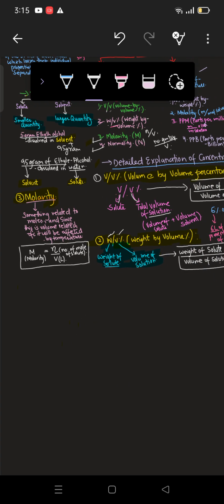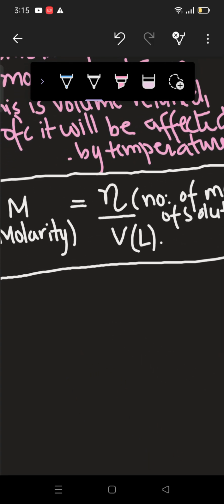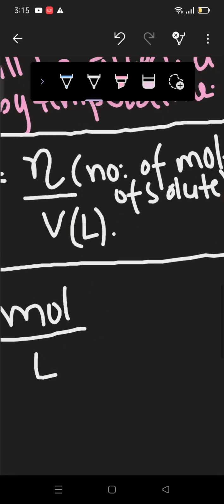So here we found our third formula as well. Now see, we can actually derive the unit for molarity too, right? Number of moles has a unit of mole, and the volume unit is liter. So what does it become? It becomes mole per liter, which is equal to capital M.